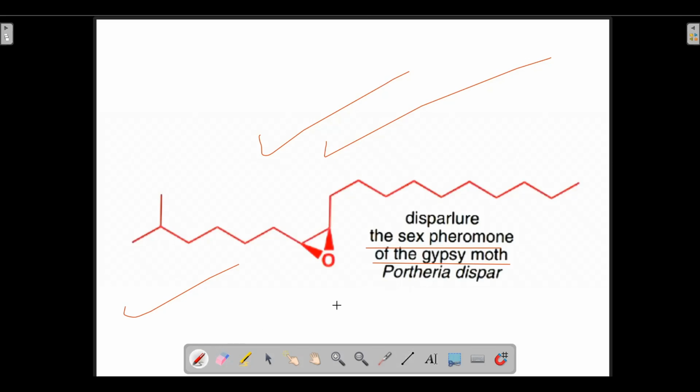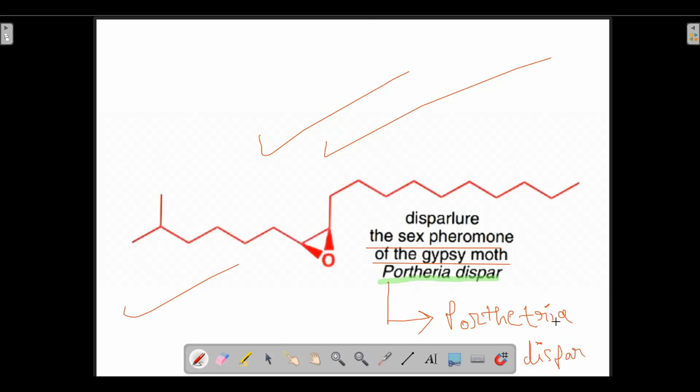Over here in the Clayden book, make a correction. The scientific binomial name is not Portheria dispar; the spelling given over here is wrong.